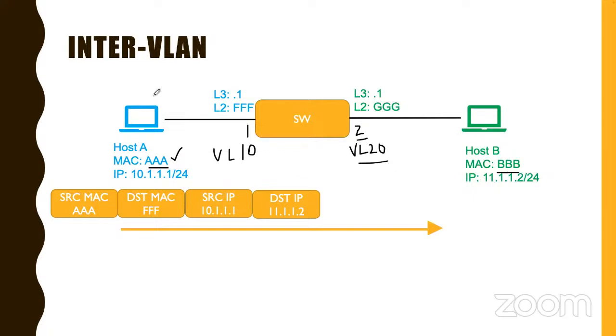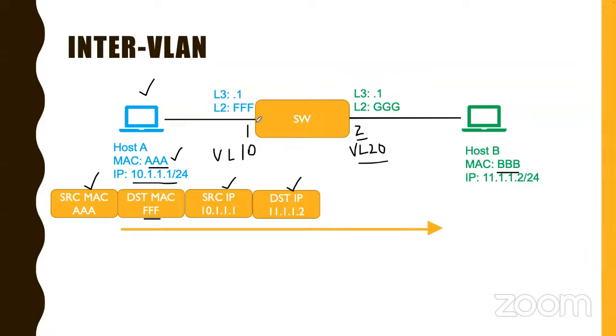So once a packet comes from here, host A wants to communicate to host B. This is my source IP, this one. My destination IP is 11.1.1.2. My source MAC is AAA. What should be my destination MAC, and why is it FFFF? Can anybody tell me?